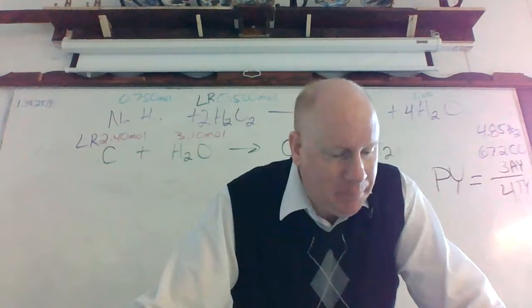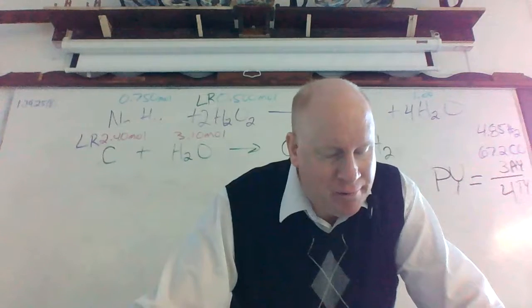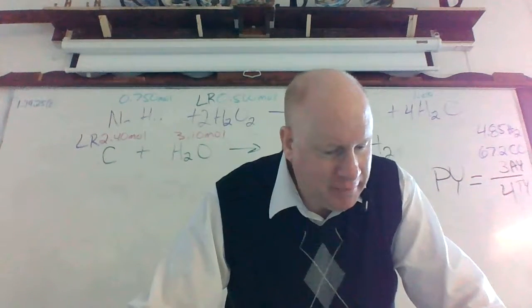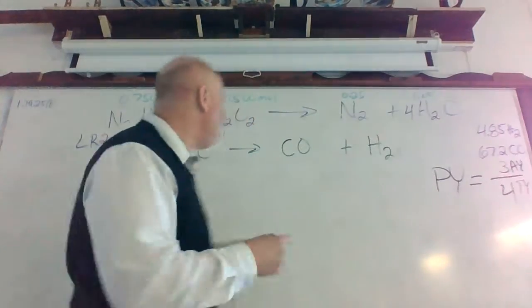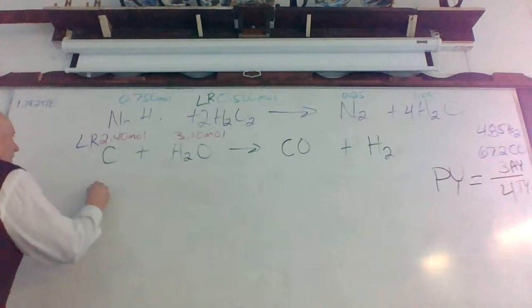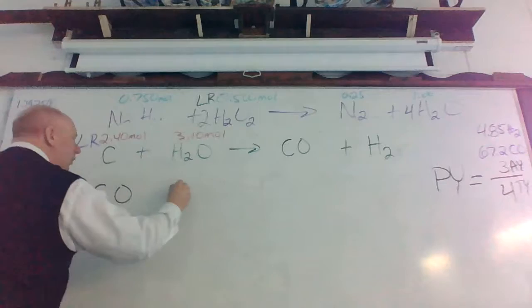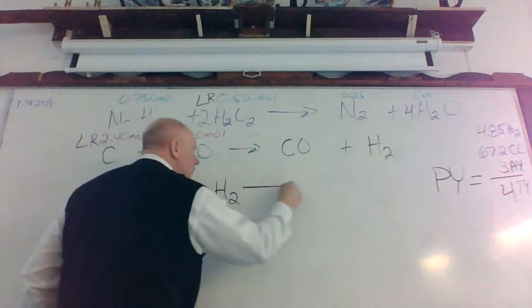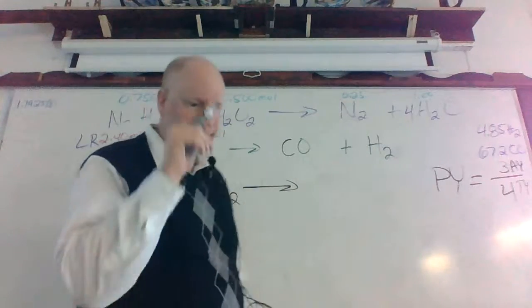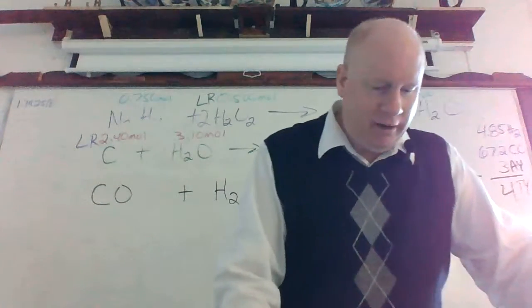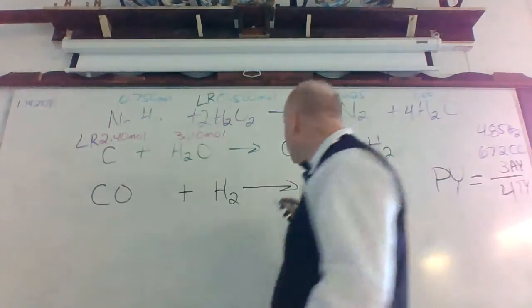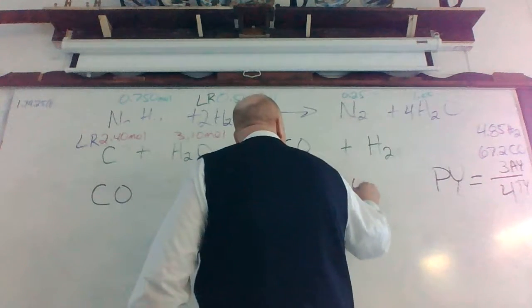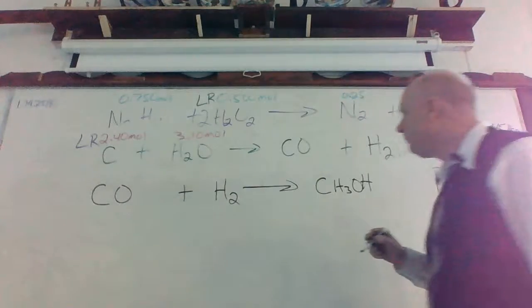It says methanol can be produced through the following reaction: carbon monoxide and hydrogen in the presence of a catalyst. They even balance the equation for you.